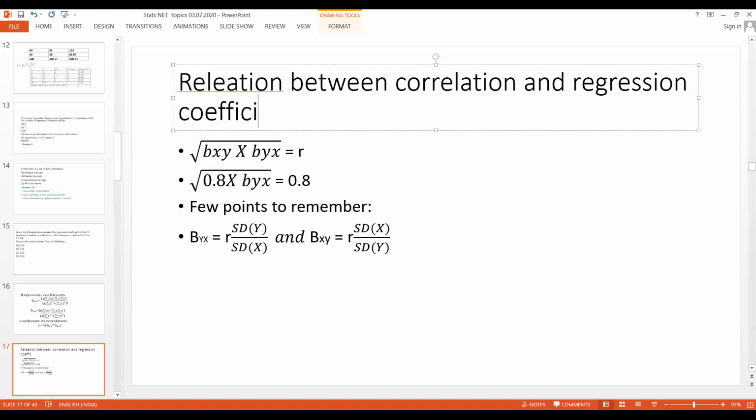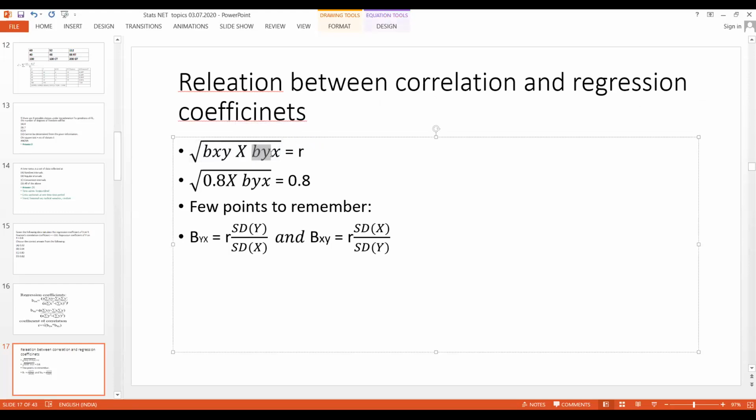Bxy and Byx are regression coefficients. The square root of their product is correlation.